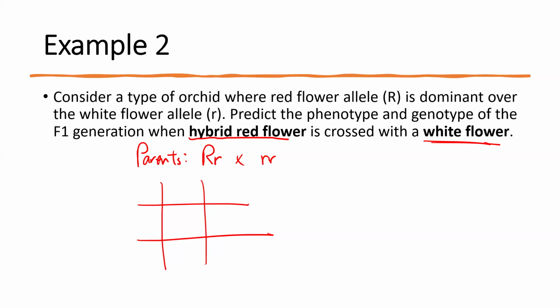You don't have to put the 0%. There's a big R, small r. Yes. So you have big R, small r, or one parent small r, small r. Understand?